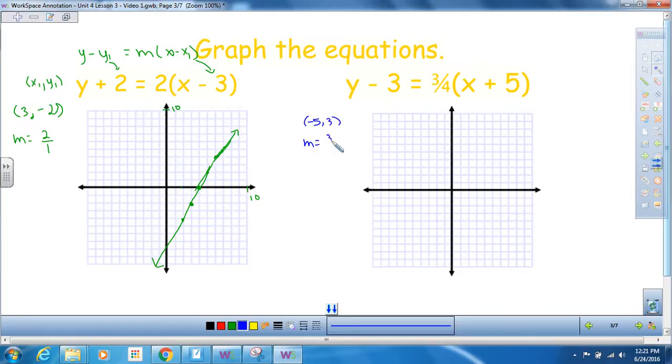And my slope is 3/4. So I'm going to start at negative 5, 3. And my slope is 3/4, so I want to go up 3 and right 4. Or I could do the opposite and do down 3 and left 4.